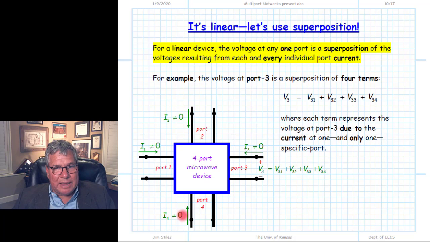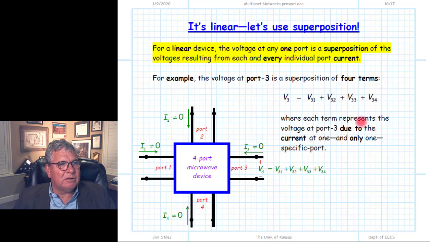Well, it turns out we can't, because the other currents other than 4 are non-zero. The voltage we measure at port 3 is partially due to the current at port 4, but it's also due to the current at port 1 and port 2 and port 3. Because it's linear, we can represent the voltage that we measure at port 3 as a sum of 4 terms. We'll call it V31, V32, V33, and V34.